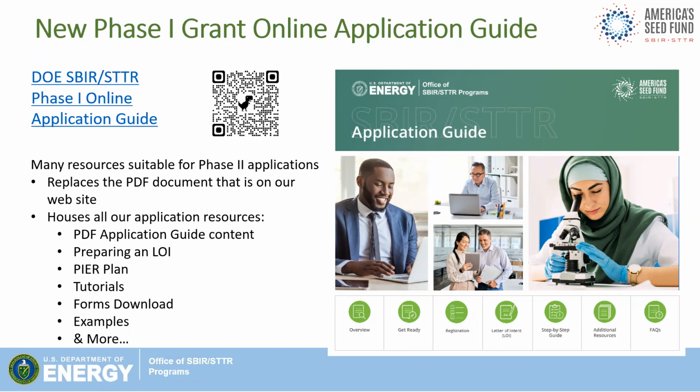But it does house all our application resources. So it does have things like how to prepare an LOI, how to develop your peer plan, a number of form downloads and examples. So this also could be a resource for you in your Phase 2 application work.